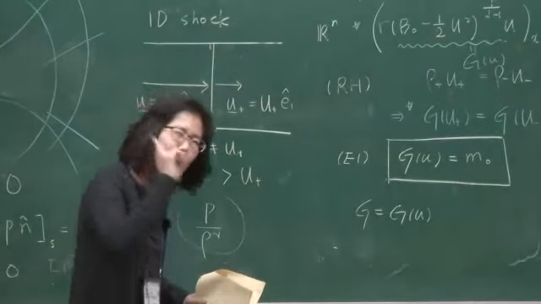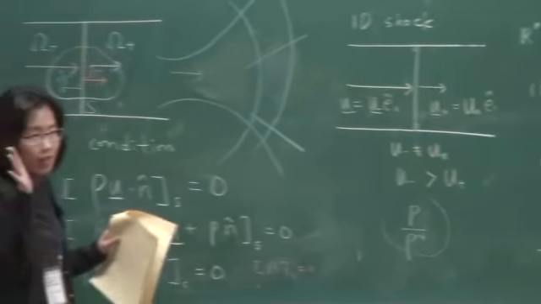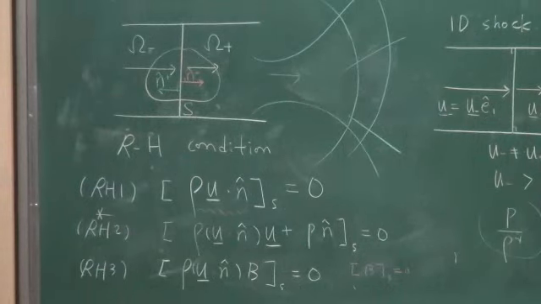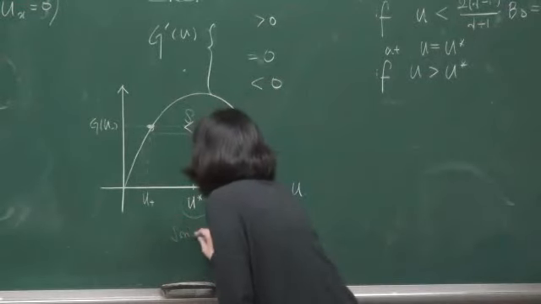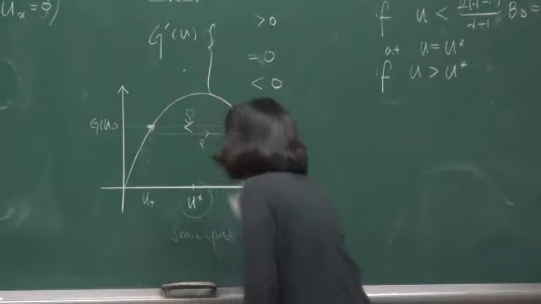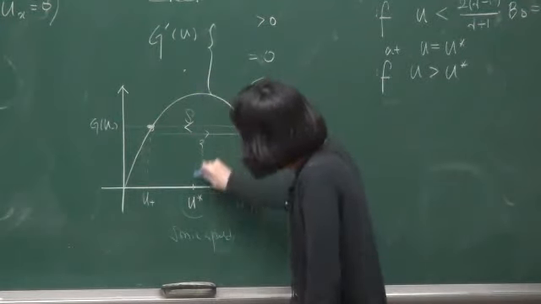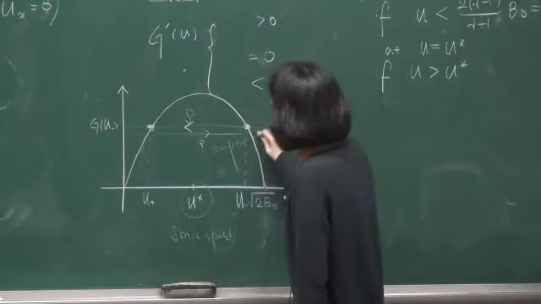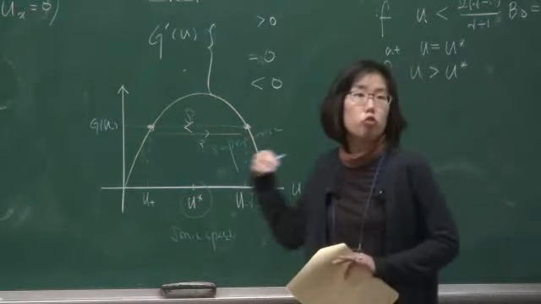Let me tell you one thing for 1 minute. I still didn't tell you about the mixed type PDE. Where does it come from? In this graph, I have this critical number u star. This is called the sonic speed. Physically speaking, if the speed is faster than u star, this is called supersonic. You can imagine an aircraft that can fly at 2 Mach, 3 Mach.